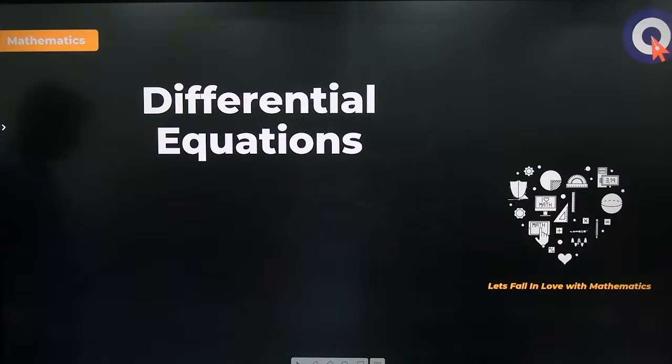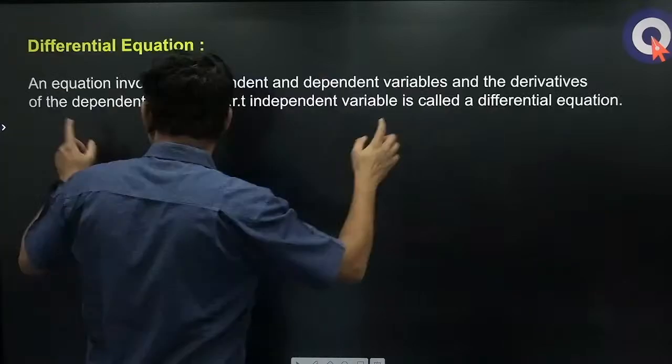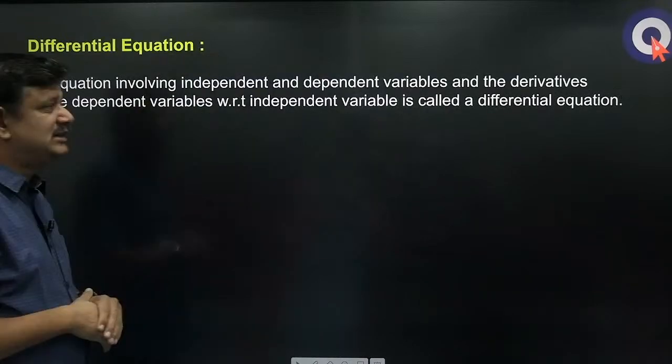So what are differential equations? As the name suggests, जिसमें कुछ वेरिएबल्स होते हैं, independent variables, dependent variables, constants, parameters, arbitrary constants. More importantly, those contain derivatives of independent variables, that is called differential equation.